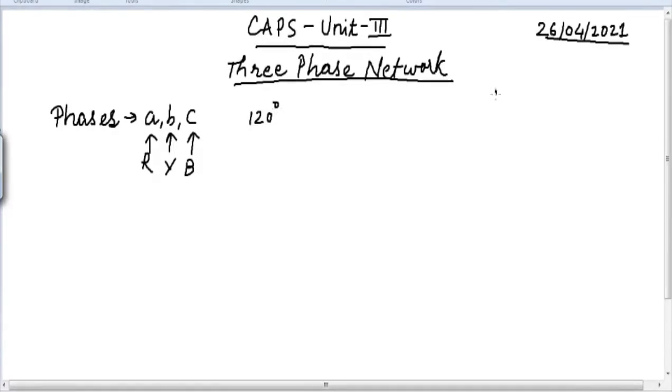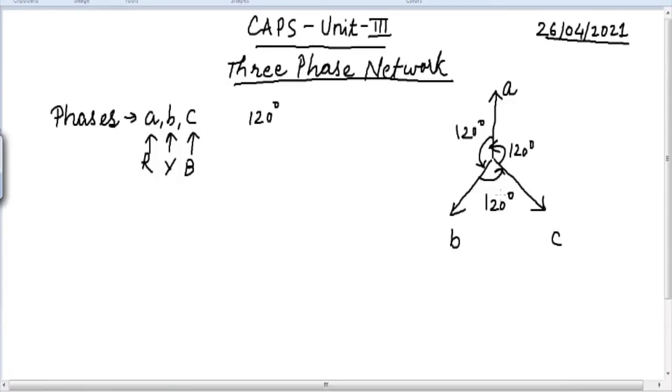That means if I want to draw the phasor, I can draw it in this way. This is the balanced phasor. If this is A, this is B, and this is C, all three phases are separated from each other by an angle of 120 degrees each. This is the original phasor.